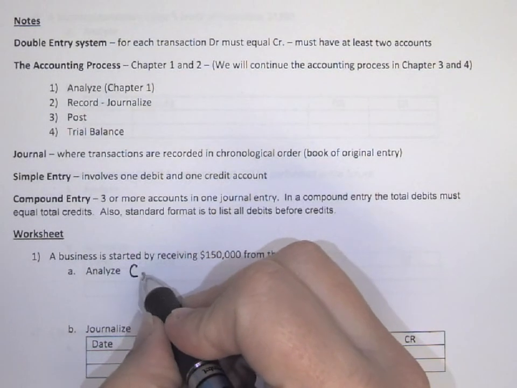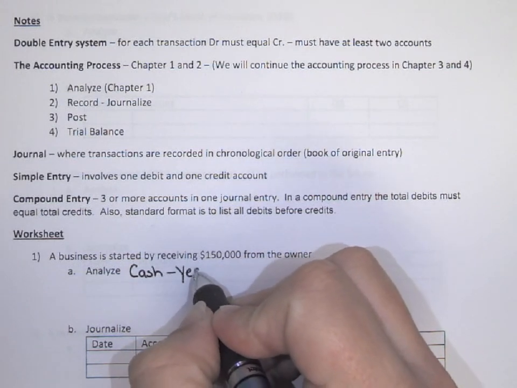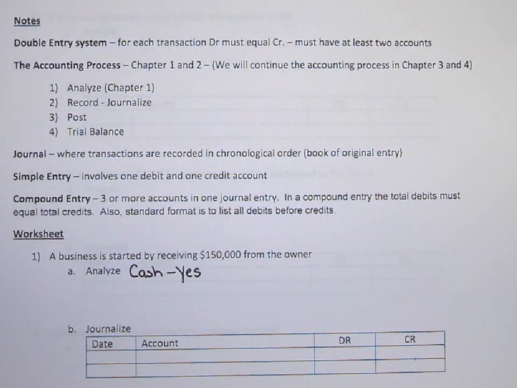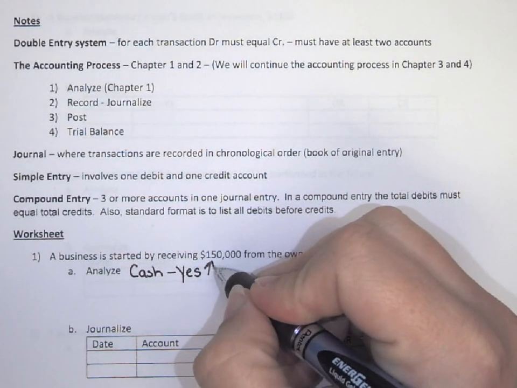In this case, yes, cash is involved in this particular journal entry. And what is happening to cash? Well, cash is going to be increasing.